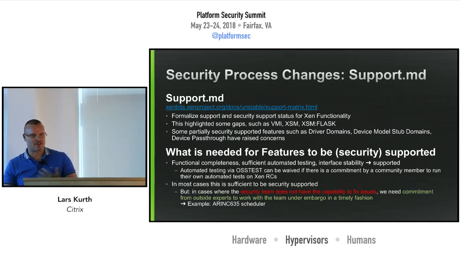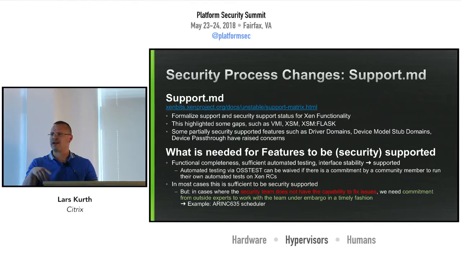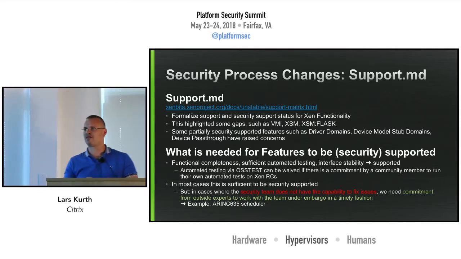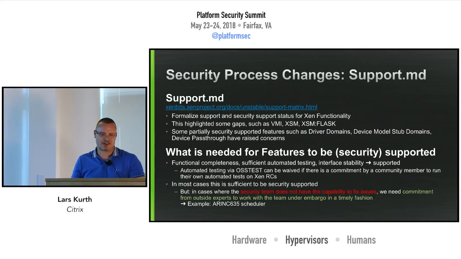We have a few cases where we can rely on, for example, the ARINC 653 scheduler, which DornerWorks maintains. We don't test it as part of upstream testing, but DornerWorks has a test suite and committed to testing it as part of the Xen release process. So we're happy with that, and we can fundamentally declare it as supported.